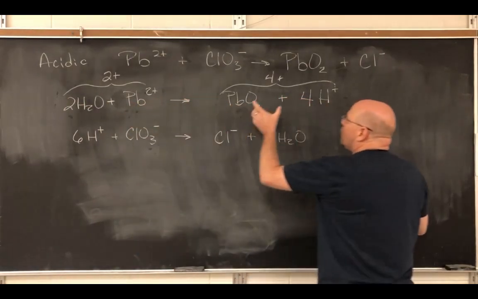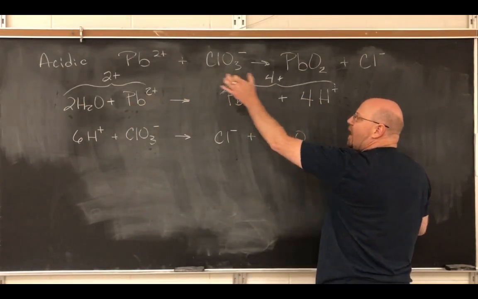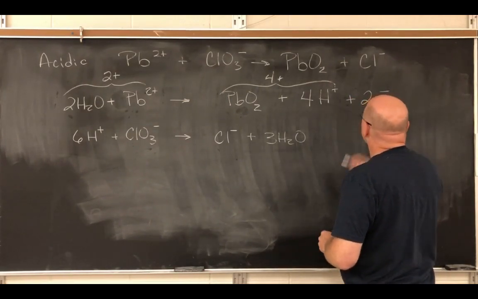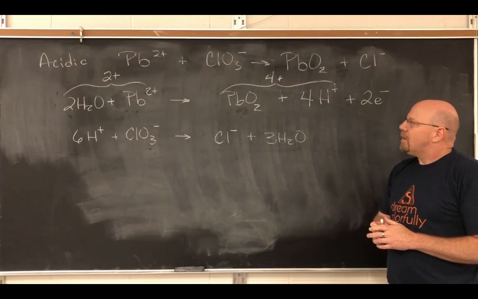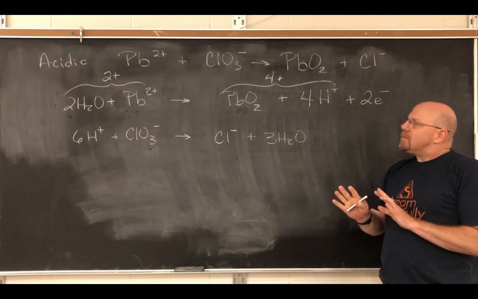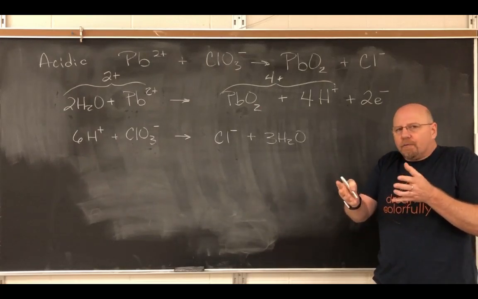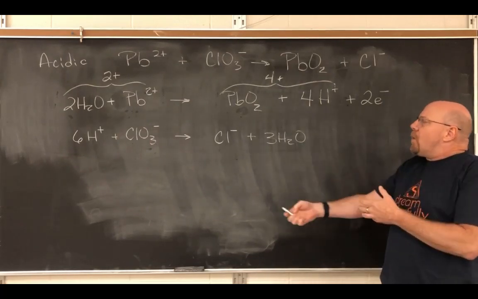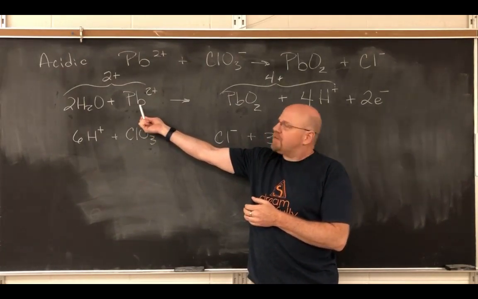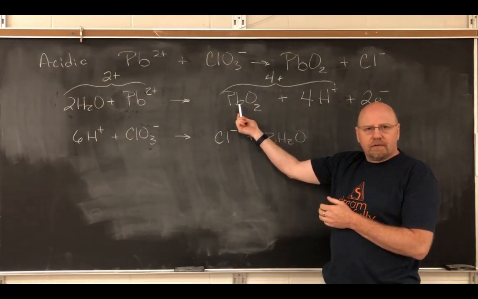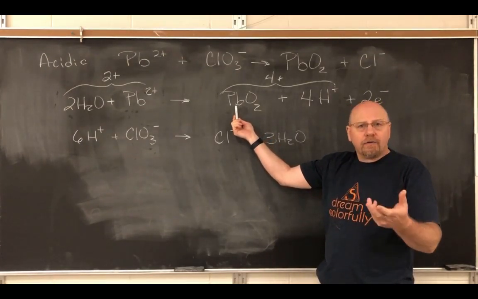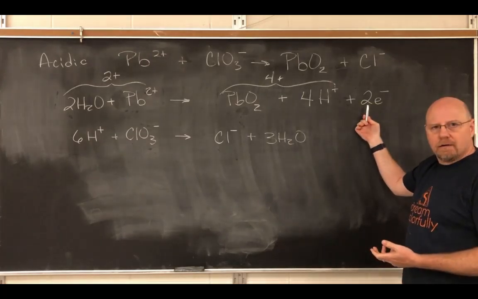So to get a 4+ down to 2+, we need to add 2 electrons. Now, this goes to the heart of what's going on. I said near the beginning that the lead is going from a 2+ to a 4+, and that involves the loss of 2 electrons. Well, where are those electrons? Right here.